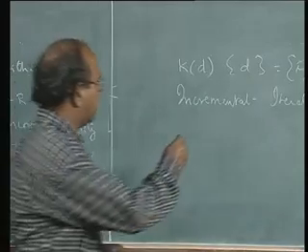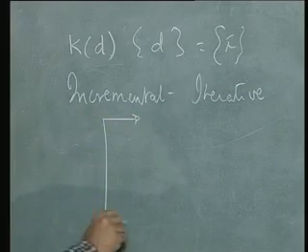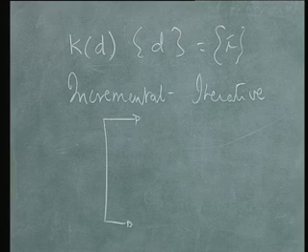So in other words, we have two big loops. What are these two big loops?